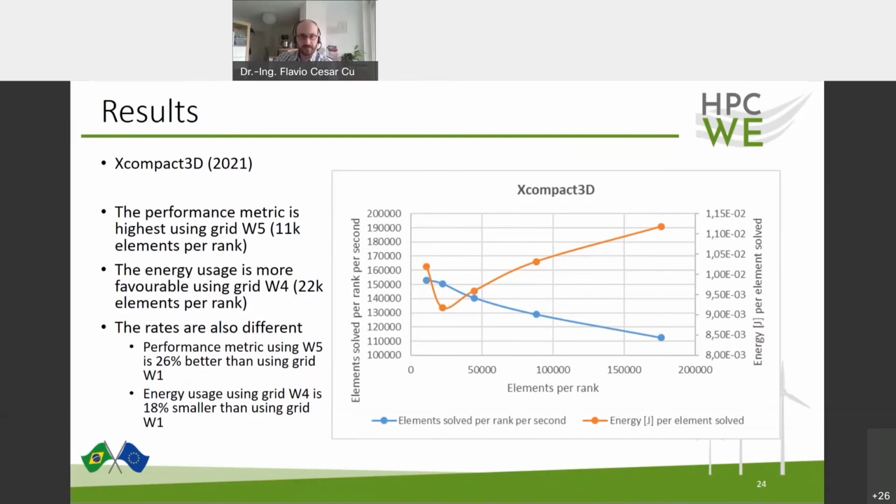And we can see from this metric that the performance is 26% better when using 11,000 grid points per rank instead of using 160,000. But the energy usage is better using the grid with 22,000 elements per rank.